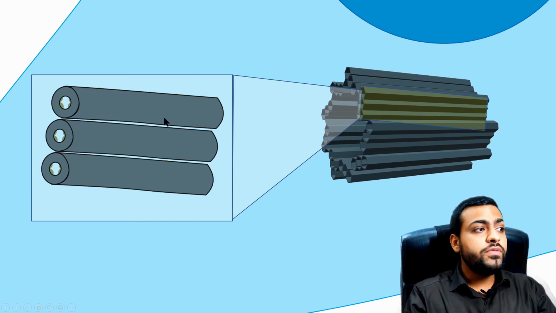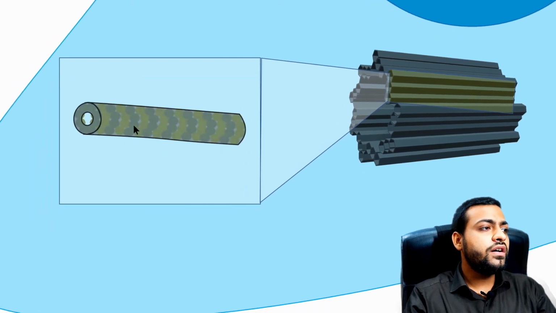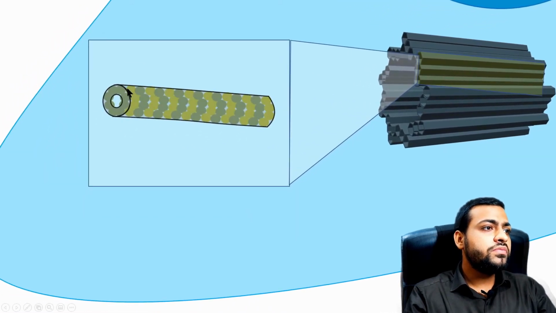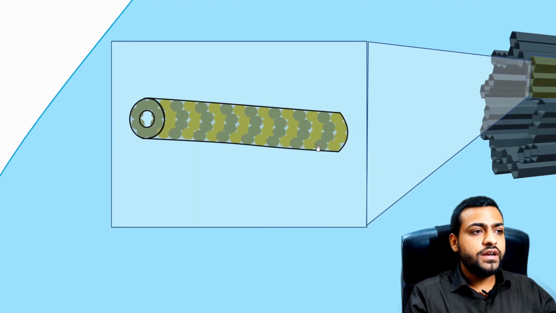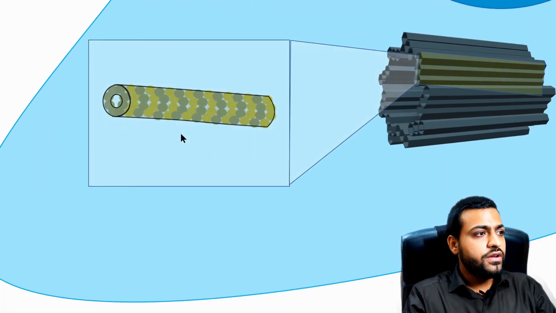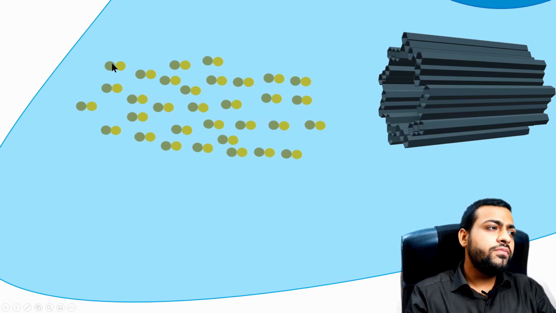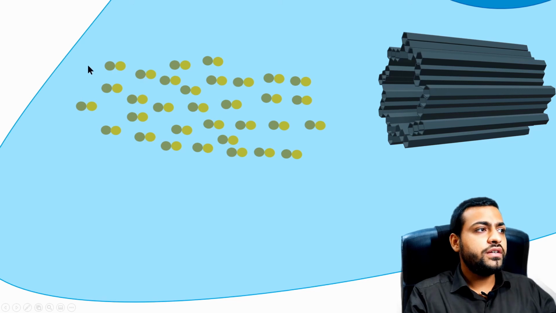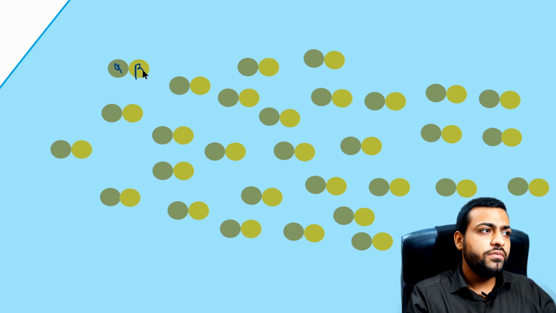Each microtubule, we will discuss the structure of a single microtubule, is made up of these small bead-like proteins. You can see these globular proteins. These are called tubulin proteins. Tubulin proteins consist of 2 subunits, alpha subunit and beta subunit. So this is alpha tubulin, and this is beta tubulin.